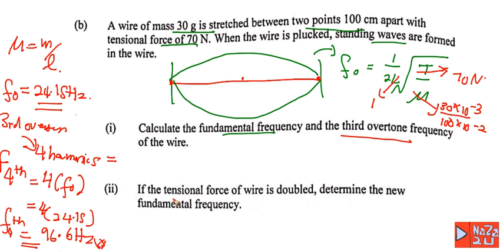And next is if the tension force is doubled. So meaning here the tension is double, because the fundamental frequency is proportional to the tension of the string.